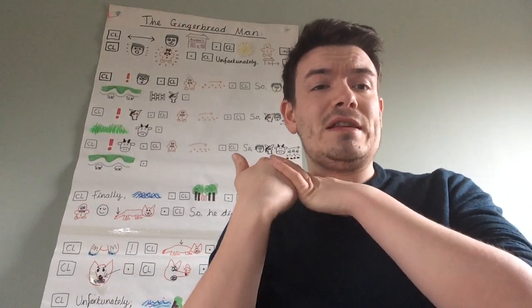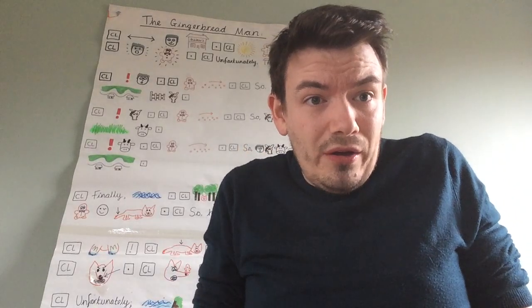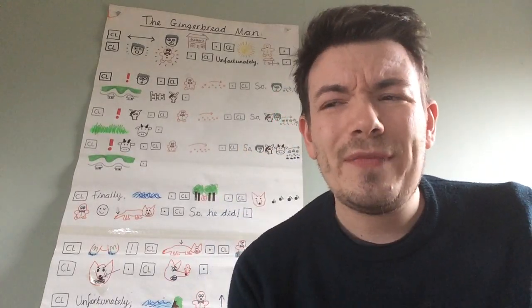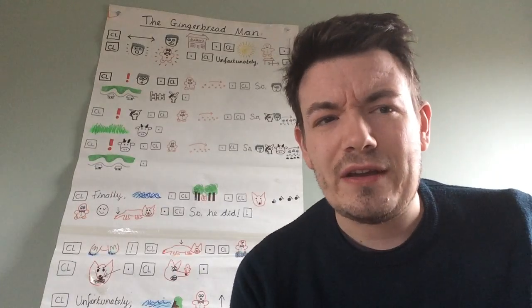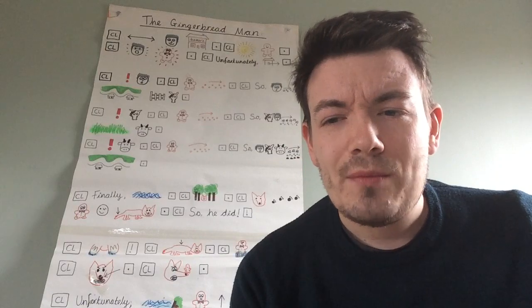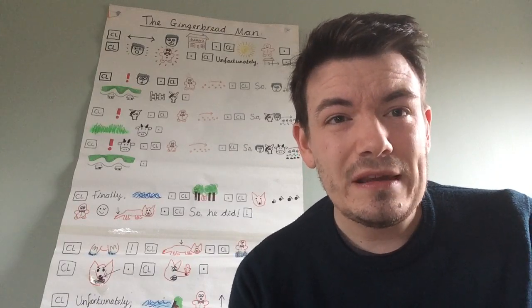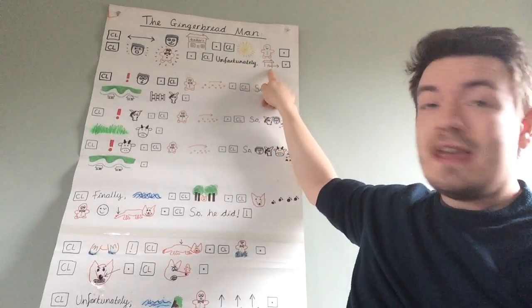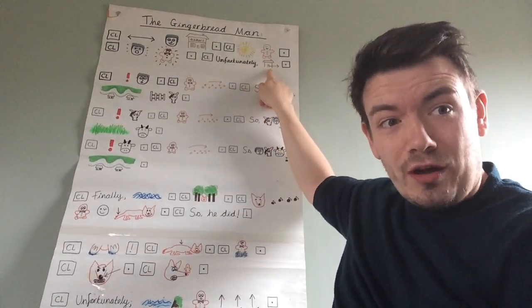So remember that when we did our unfortunately, we went like this, didn't we? We went, unfortunately. Now I said that unfortunately meant that something maybe bad happens, or maybe something unlucky happens. Now, this one is that unfortunately he ran out of the shop.